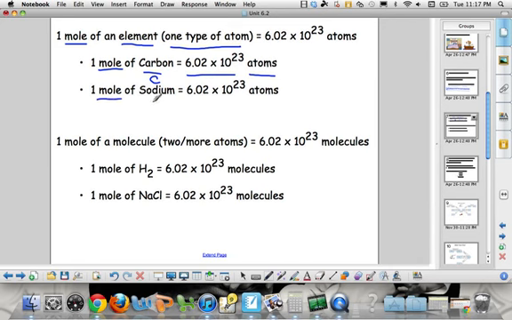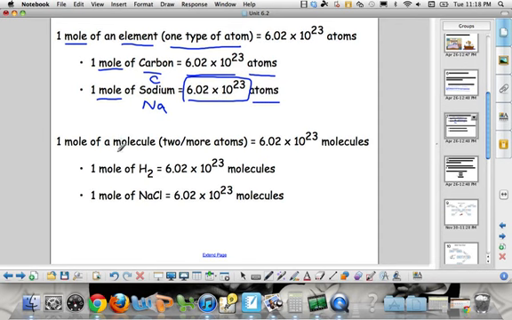When I have 1 mole of sodium, it's the same thing. It doesn't matter that I have carbon here and sodium here. 1 mole is always equal to this value, 6.02 times 10 to the 23rd. But the big thing is, when I have an element, an individual atom, one type of atom, like carbon or sodium, my mole is always equal to this many atoms of that substance.